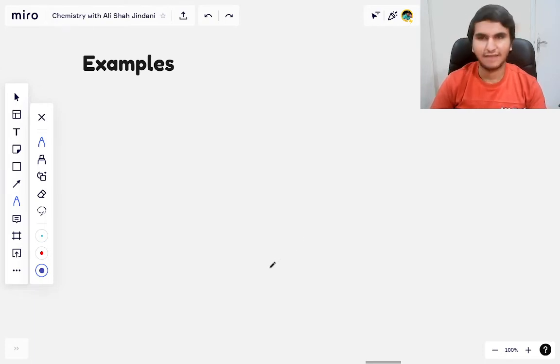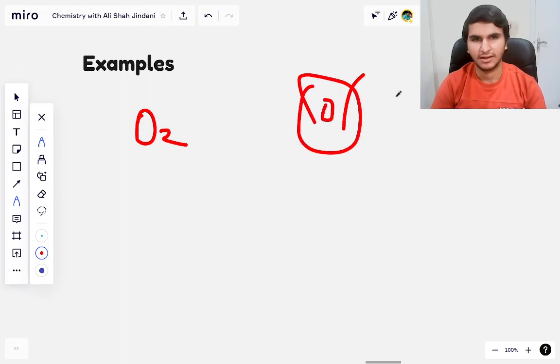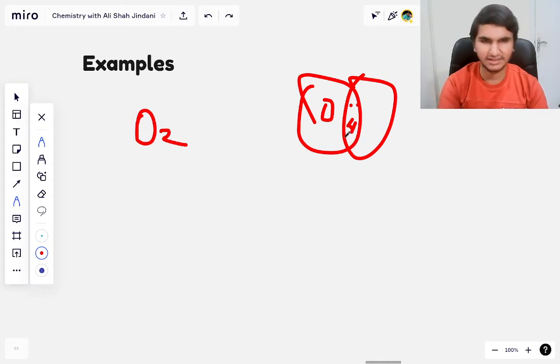We just discussed oxygen, whose formula is O2, and the bonding, as I showed you, is kind of like sharing 4 electrons with each other.